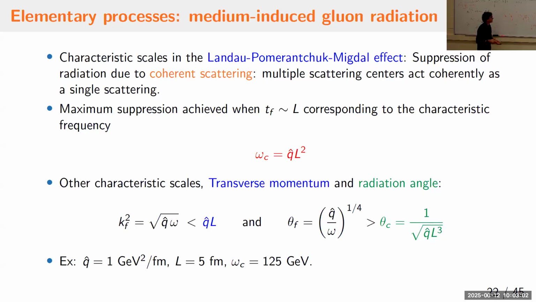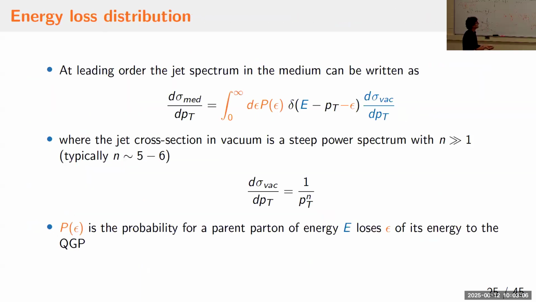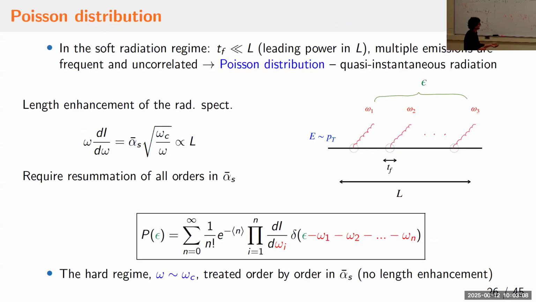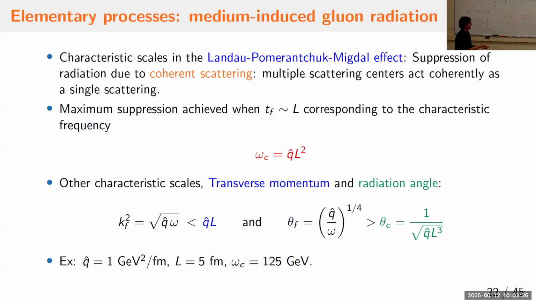I have, in fact, a plot that shows that, but I can maybe jump right into it here. So you would have the system size. This radiation can happen anywhere along the medium with constant rate, with a formation time which is much more than the length of the medium. So I wrap up here: we have certain characteristic scales.